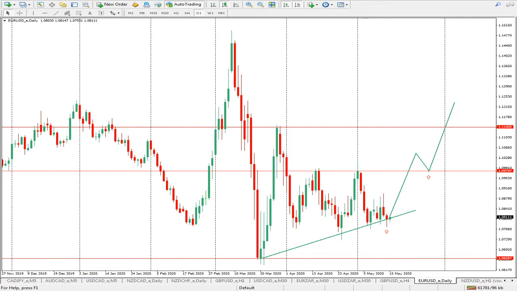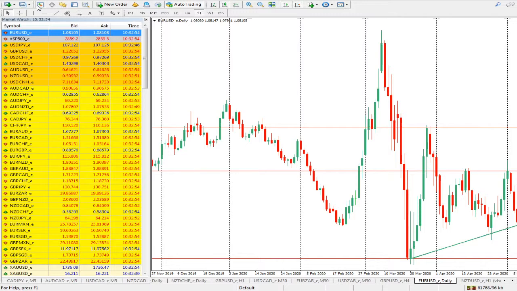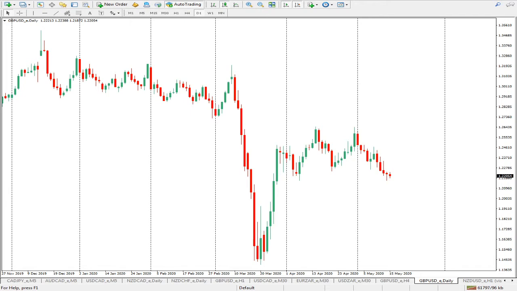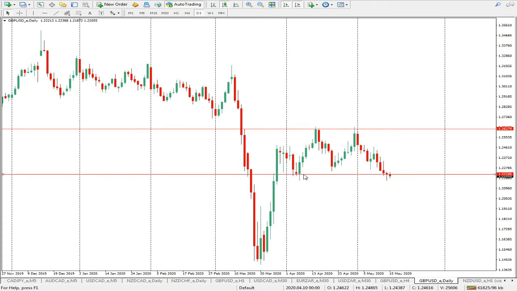So we move forward to our next symbol, GBP USD. This is a sell. We have an active downtrend, and the trend started when the price could not break beyond this resistance. We had a resistance around this point, then the price went down, it came back as a resistance, and as I'm speaking now, the price is below a very significant support, which is this one.